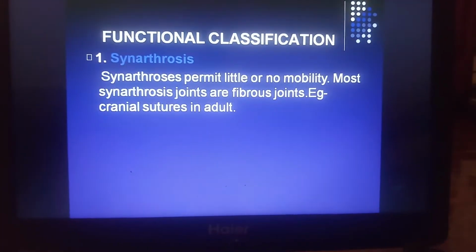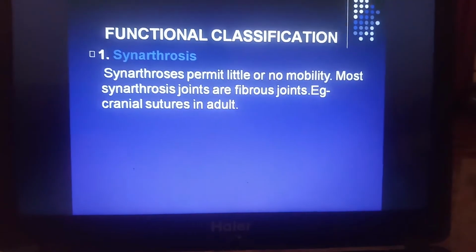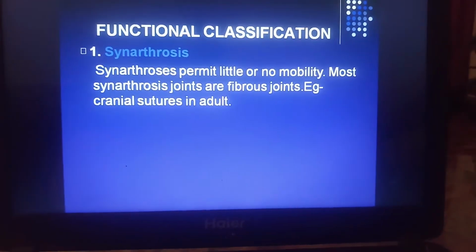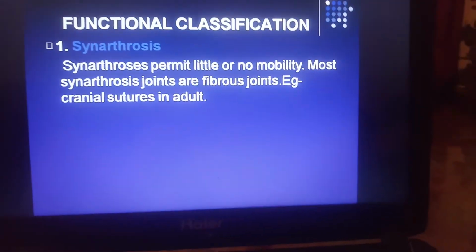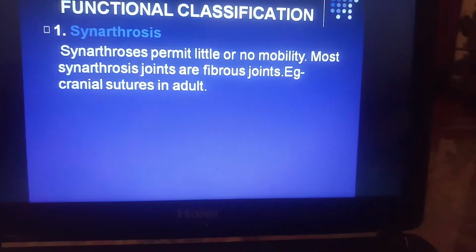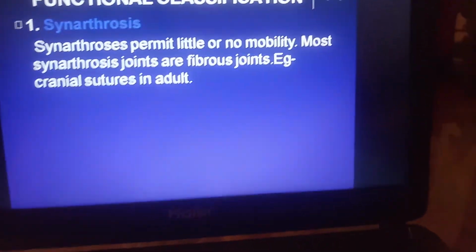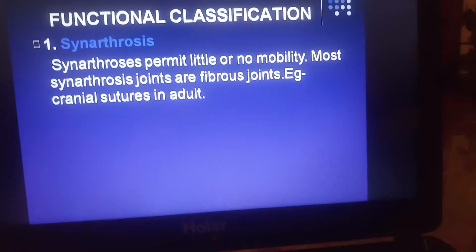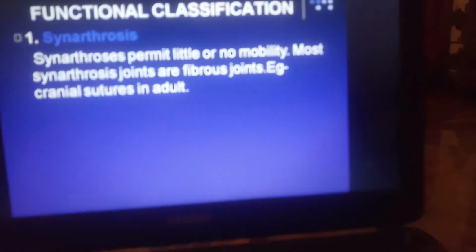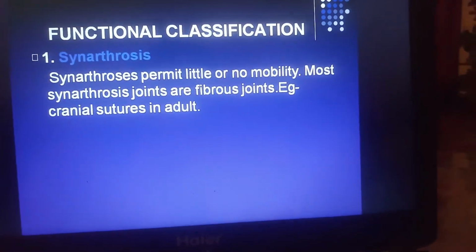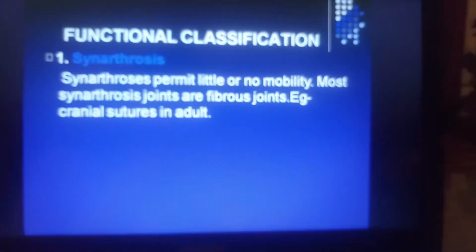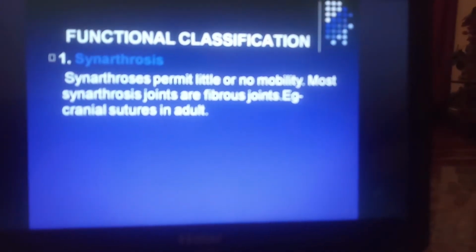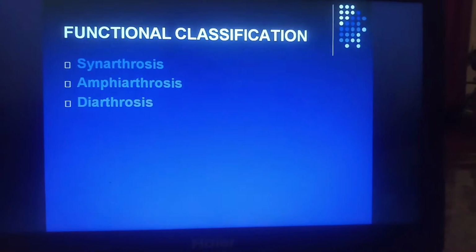As the name indicates, there will be fusion, but it will permit little or no mobility, and most synarthrosis joints are the fibrous joints, because we discussed in the last lecture that limited mobility is of which type of joint? Fibrous joints. And what is the example of the fibrous joints? As you know, sutures.